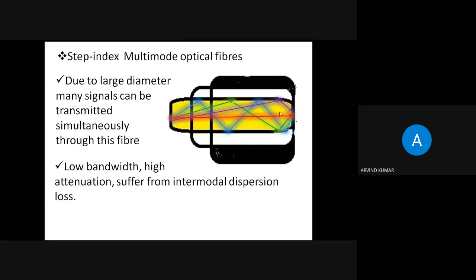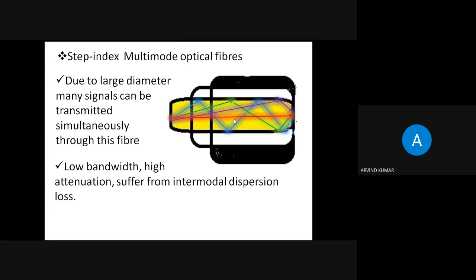This fiber is cheaper in terms of money, whereas it has low bandwidth, high attenuation, and suffers from intermodal dispersion losses, because there is dispersion due to intermodal dispersion within this fiber.